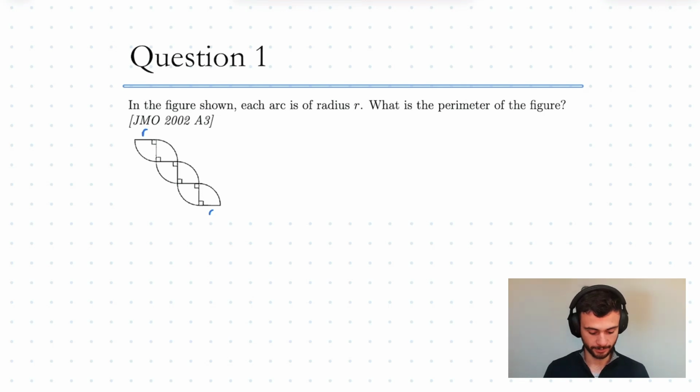And then we want to count, okay, well, how many quarter circles, or how many quarters of the circumference of one circle of radius r do we have? So you've got 6 quarter circles.